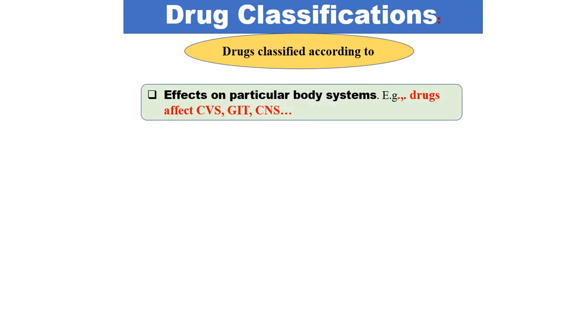How do we classify the drug? Drug classification. Drugs can be classified according to their action on which system: the drugs which act on the cardiovascular system, or on the gastrointestinal tract, or on the central nervous system. This is classified by its effect on the body system.